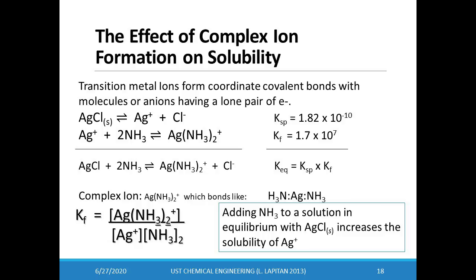Let us look at silver chloride in equilibrium with its silver ions and chloride ions. The Ksp value for this reaction is 1.82 times 10 raised to negative 10. Consider, for example, if we add ammonia, the ligand, to this solution; the ammonia will react with the silver ions to form the silver ammonia complex, and this has a Kf, or formation constant, of 1.7 times 10 raised to 7.